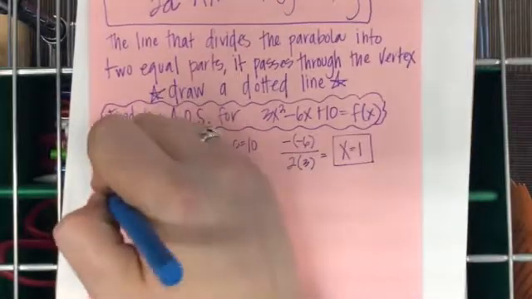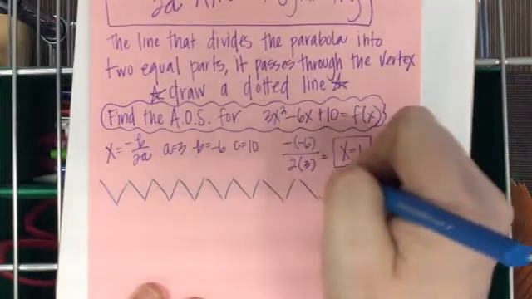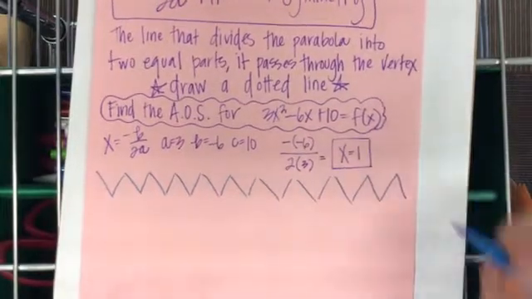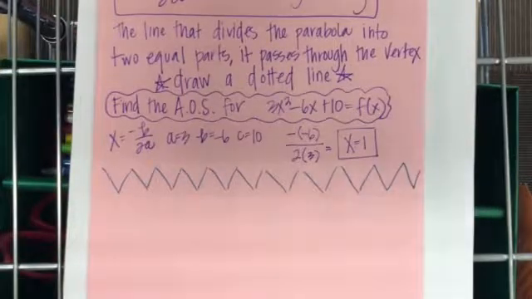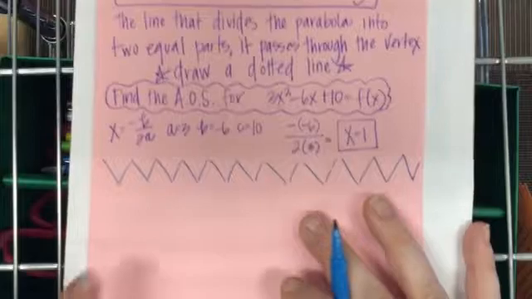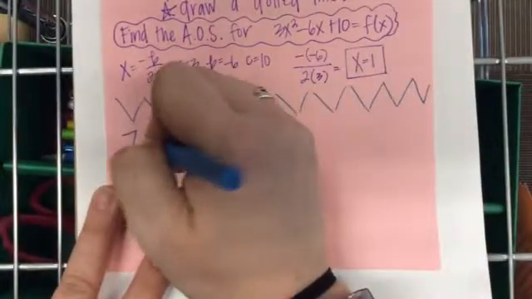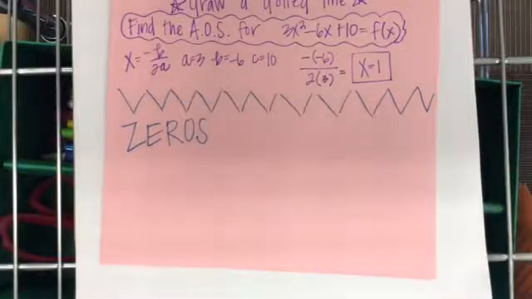Last but not least is this idea called zeros. A parabola can have zeros.